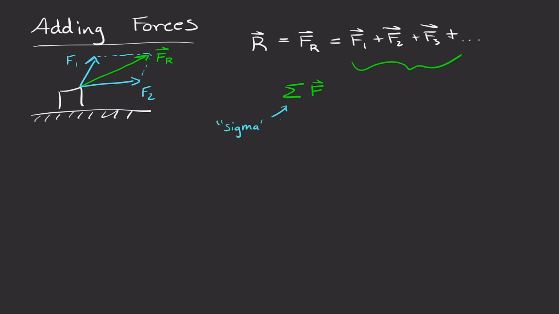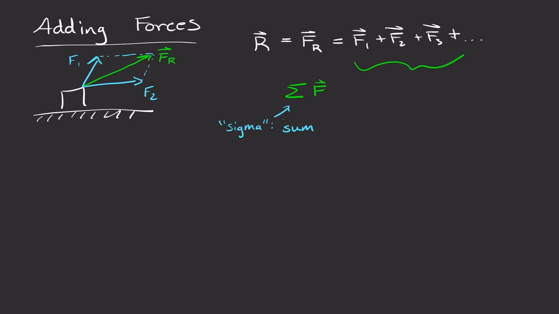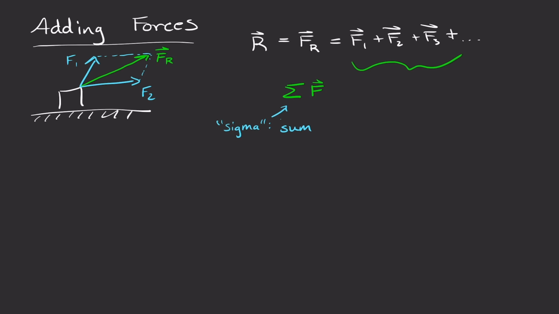A capital sigma means to sum. It actually looks like an E, but it stands for sum. You may also see this written as F net, or the net force. When you add up all the forces together, what you end up getting is the net force. You may see all of these things written in different ways, but they all mean the same thing.